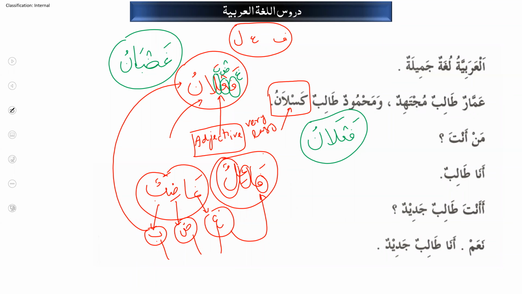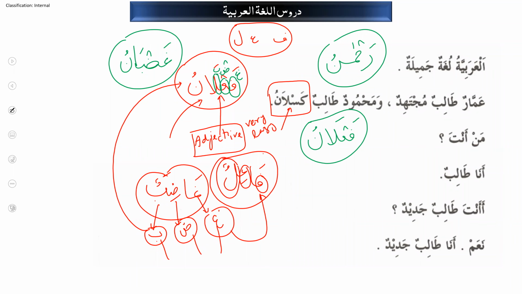Rahman. Ar-Rahman. Very good, excellent. Rahmanu is on the weight of fa'alanu. It means his rahma was intense, too much intense.